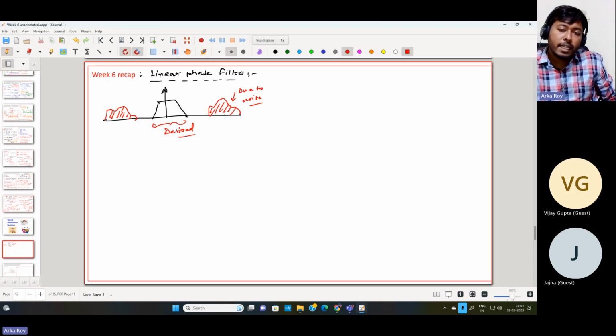Now, why linear phase filter? Linear phase filters are very important as far as digital filtering is concerned. In the digital domain, we can broadly classify filters in terms of the number of elements that we need to store.